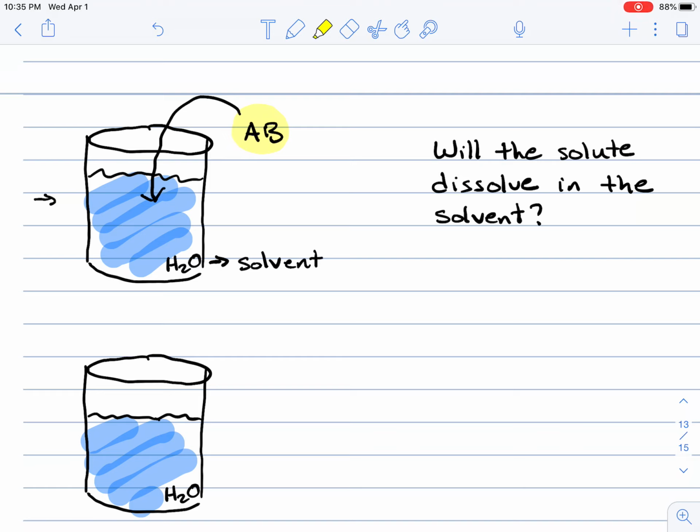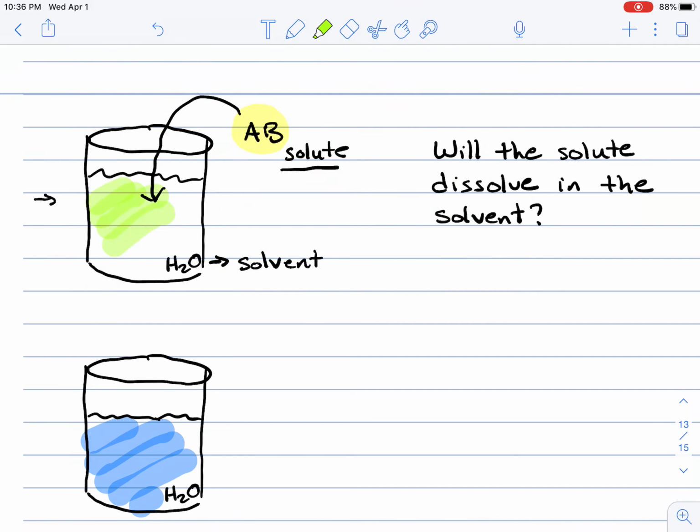And so when we place this colored solute, let me write that down over here, inside this beaker filled with water, if this solute is able to easily dissolve into the solvent, then the color of the solution is going to turn green.